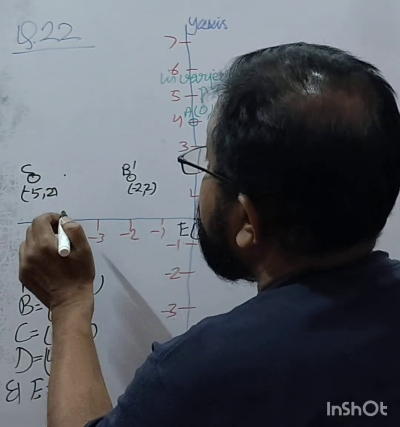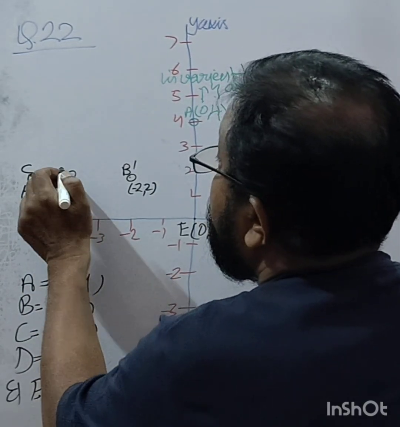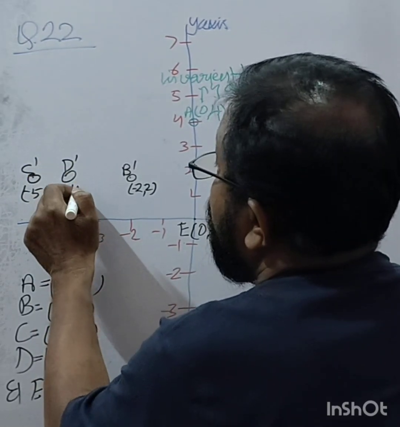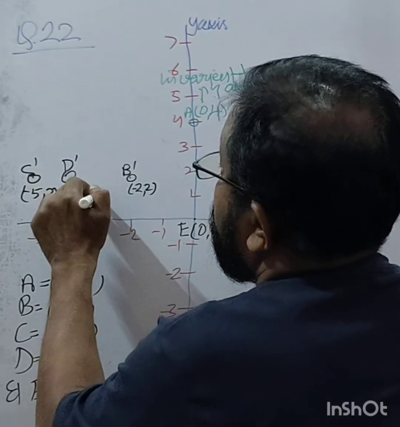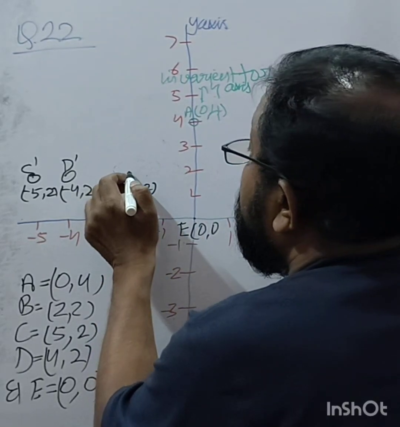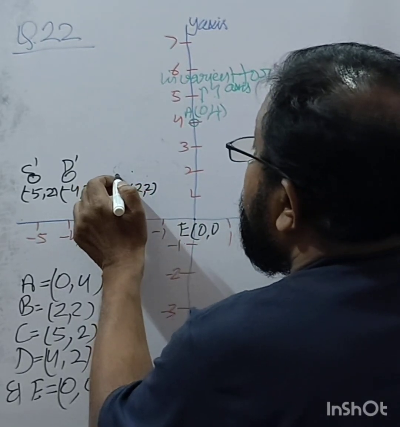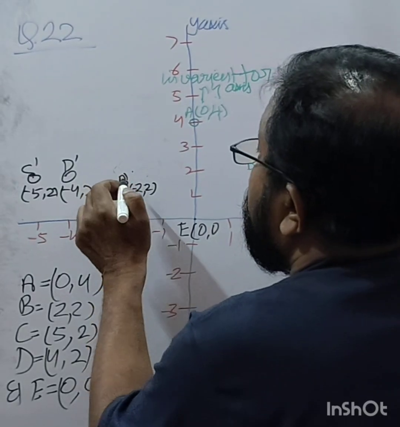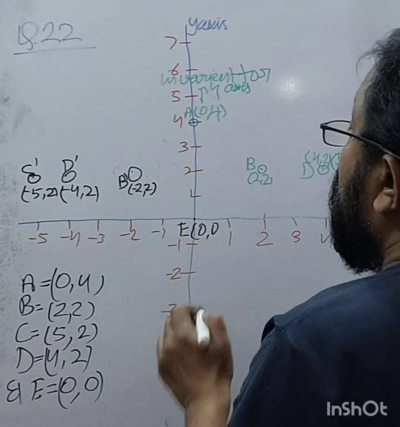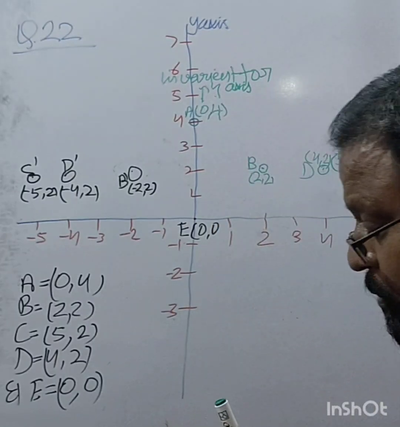This is D dash. D dash is minus 4 comma 2, right? And this is B dash, that is minus 2 comma 2. Okay, so now join.